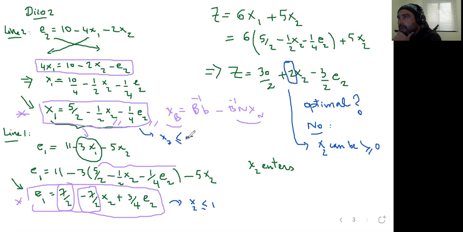Okay, so basically it means that now if x2 enters, you're going to have to remove e1 from the basis. So you see, you understand why now e1 was in the basis. Now it gets out of the basis and it gives its place or position to x2. So e1 leaves.